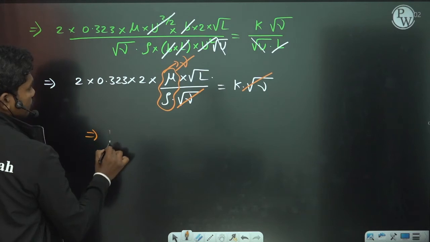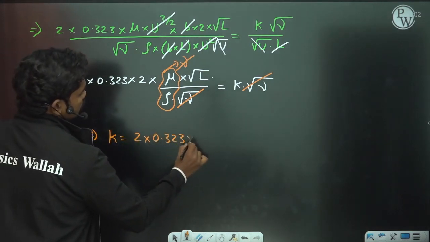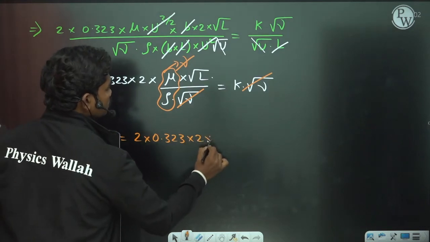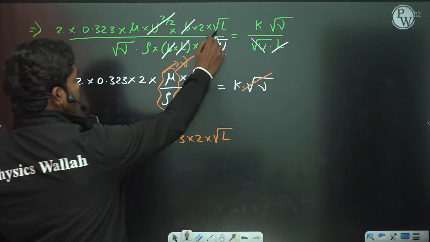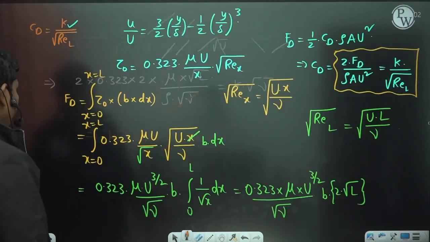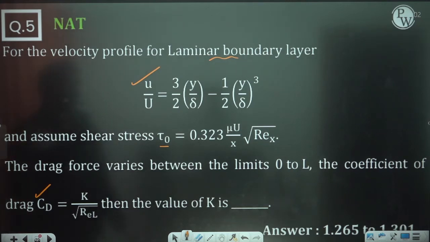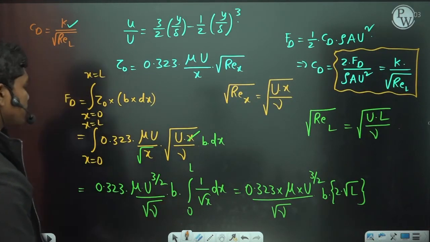So k is equal to 2 into 0.323 into 2 times of square root of L actually here. We have one square root of L here, and this L got cancelled in this area. Did they give you what is the length of the plate? It varies between 0 to L, that's all they have given. But one root L is actually missing here, correct?